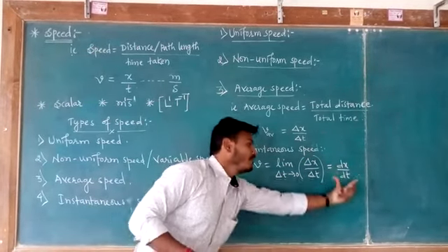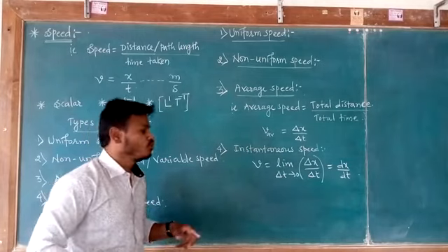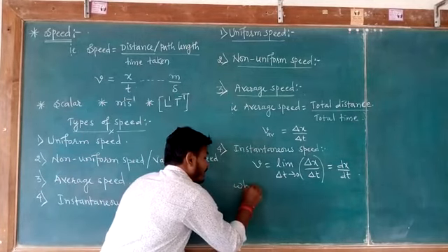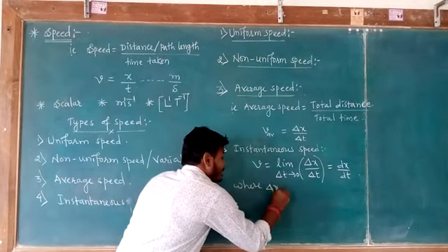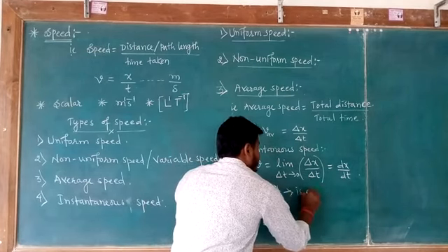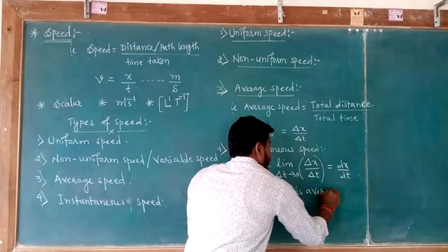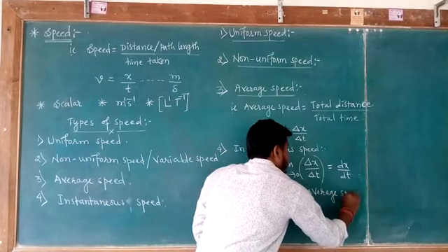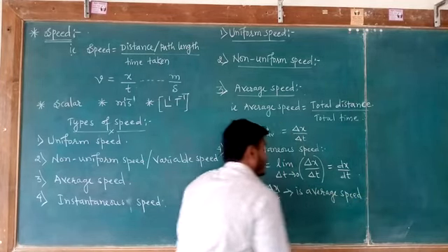The parameters in this equation have the usual meaning. Delta x divided by delta t is the average speed, as we defined earlier.